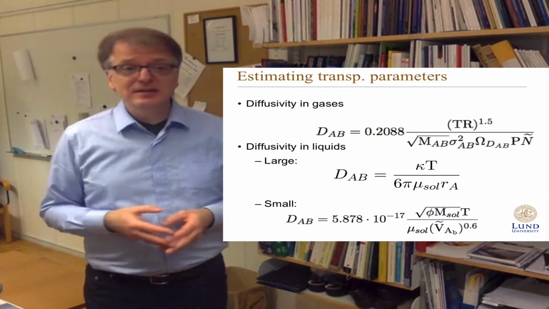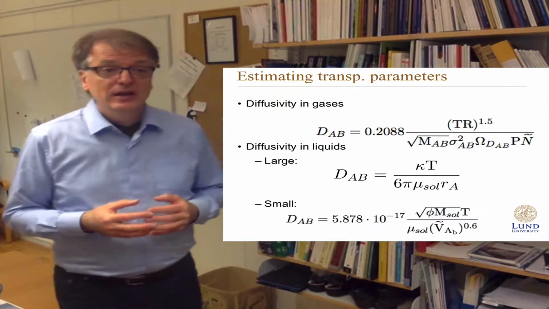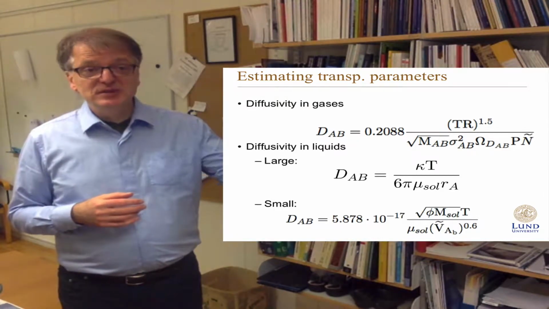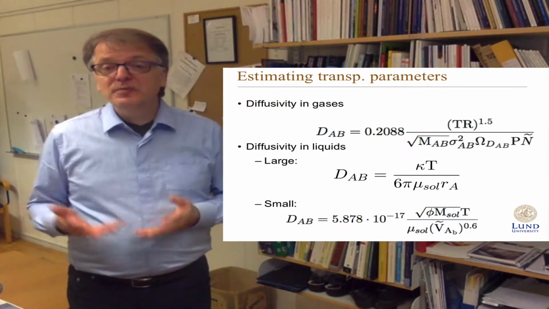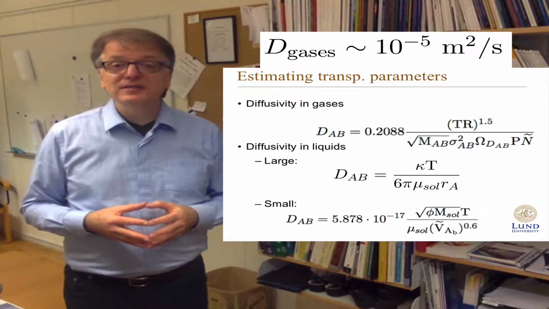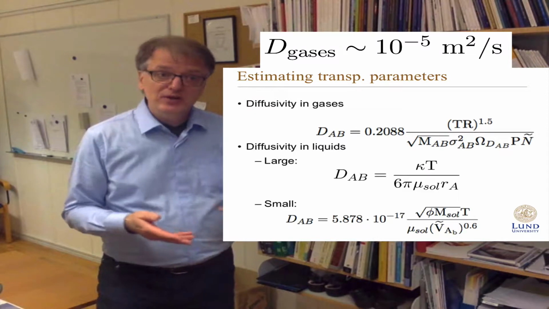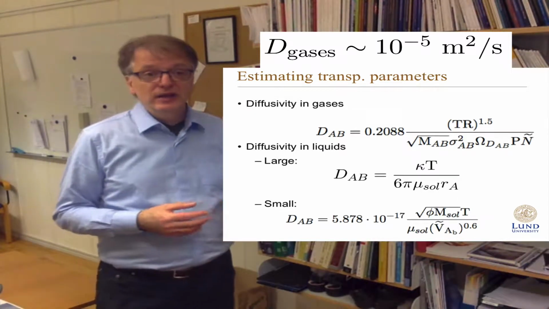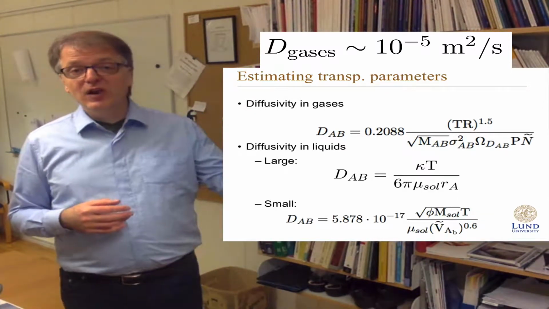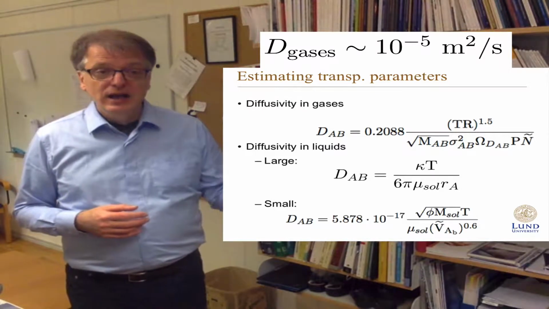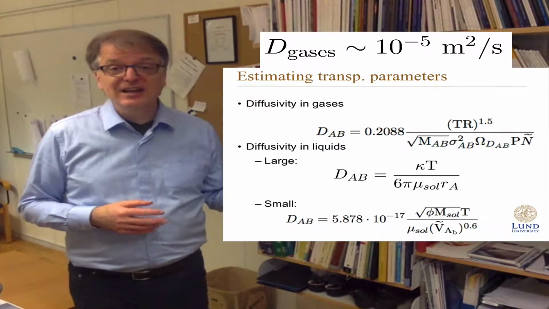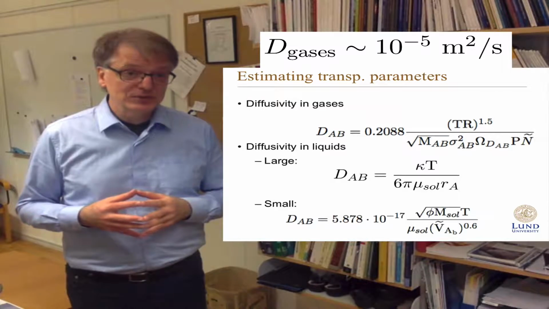Then we turned into mass transfer, and the first thing we did was to learn how to estimate transport parameters. So diffusivity in gases we use this equation for, and the order of magnitude should be 10 to the power minus 5 square meter per second. For liquids, we learned how to use two different equations, the Stokes-Einstein equation for large molecules and the Wilke-Chang equation for small molecules.